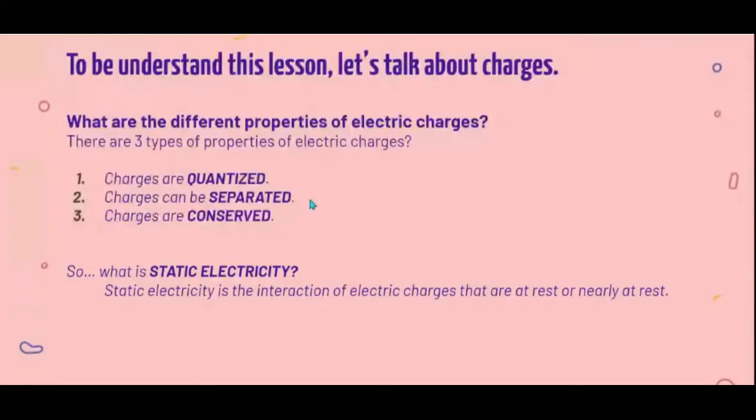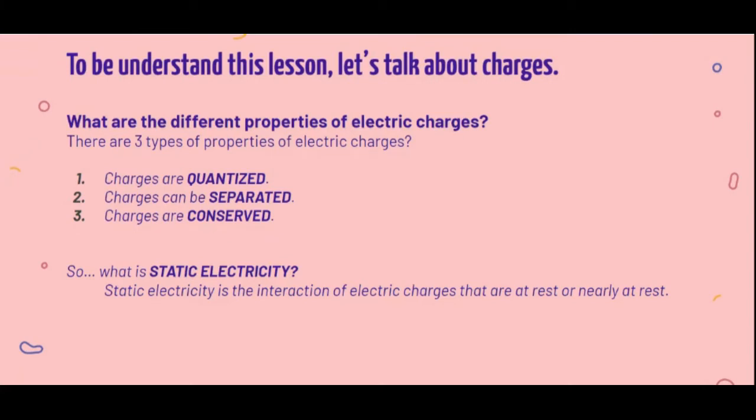To further understand the process of charging, we also need to understand the different properties of electric charges. So there are three properties of electric charges. First, charges are quantized, charges can be separated, and charges are conserved. So what do we mean by quantize, separate, and conserve?